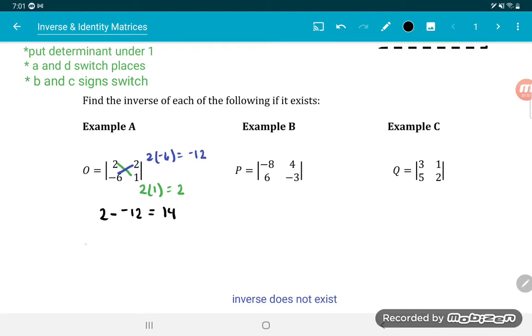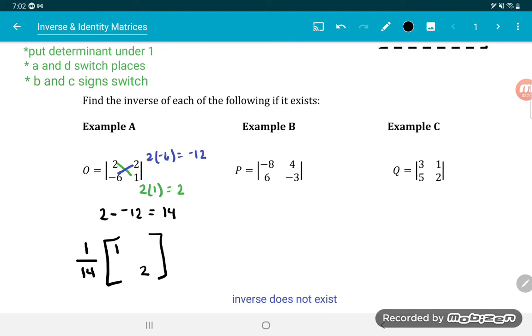My notes, 1 over 14, because we put the determinant under 1. The determinant is 14. A and D switch places or positions. So A is 2. It goes in the position of D. D is 1.